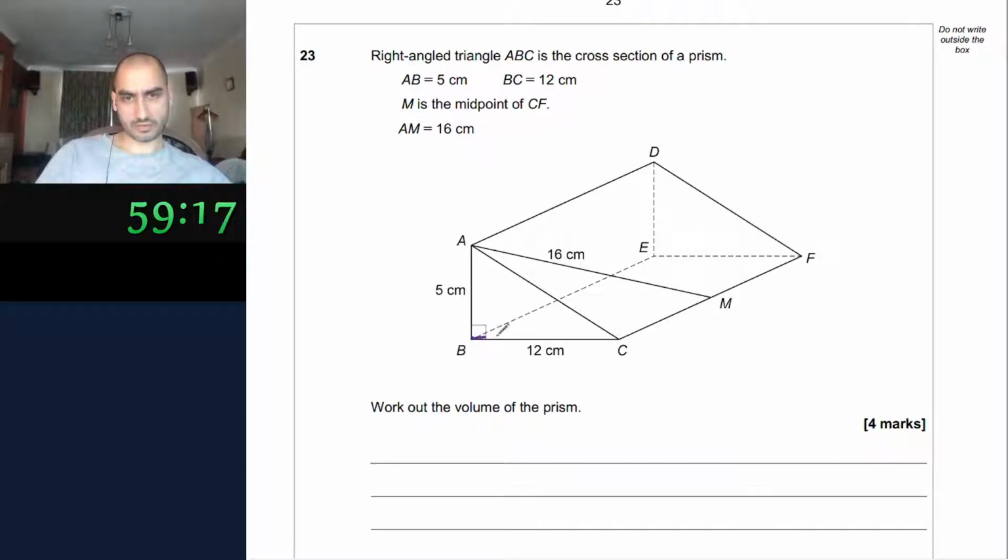So we've got another right angle triangle here. Okay, so there's ABM.